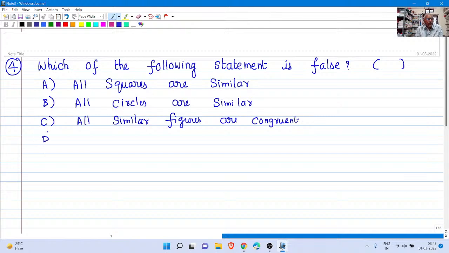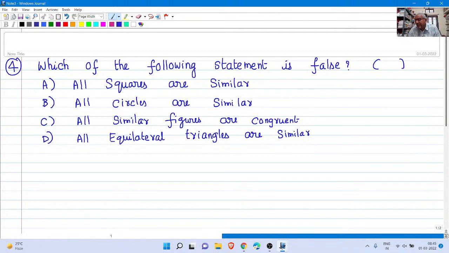D, all equilateral triangles are similar. So among the given statements, which statement is false, that we need to decide.